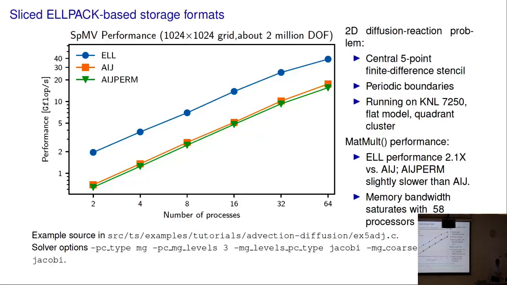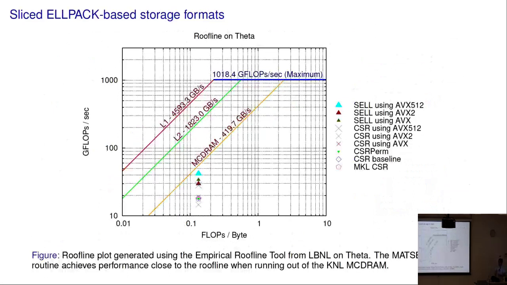And if we look at this on a Roofline plot, probably a lot of you have seen these. They've become very fashionable over the past few years. They're a conceptual model for really what the best possible performance you can get is, based on basically how many flops per byte you can do.